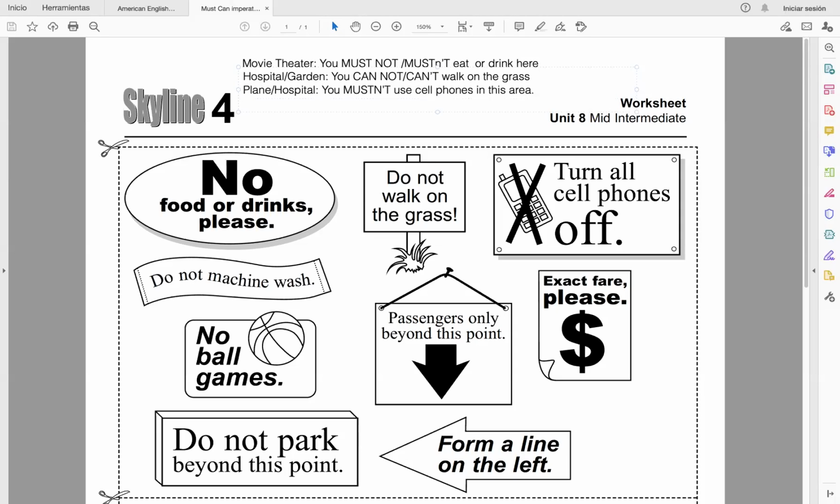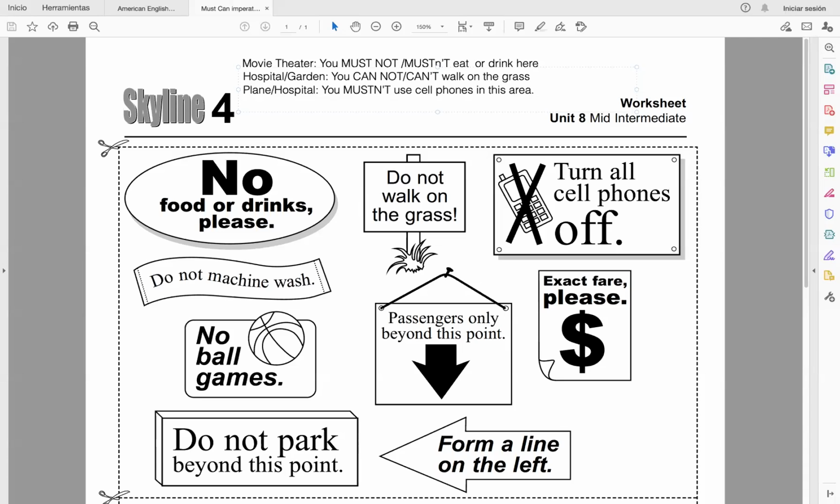It says, do not machine wash. Where do we find this little label or indication? Where do you find that little label? What is the meaning of that instruction?